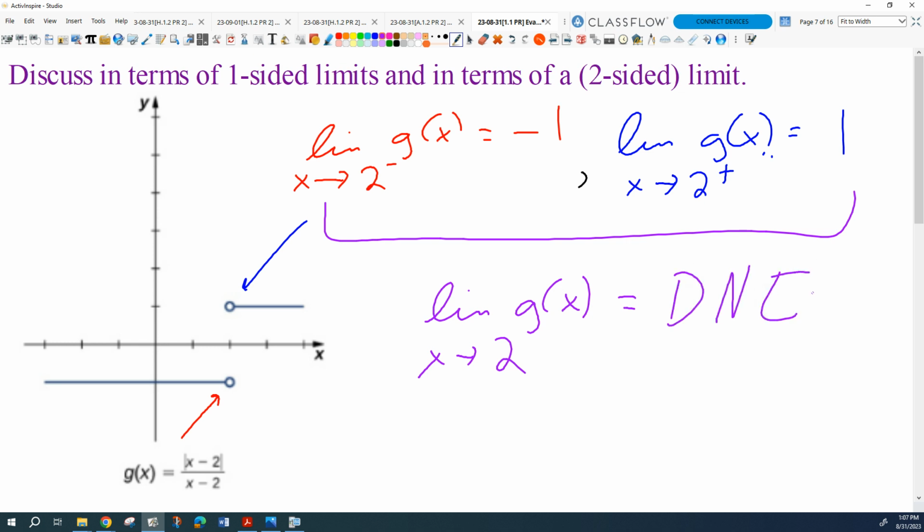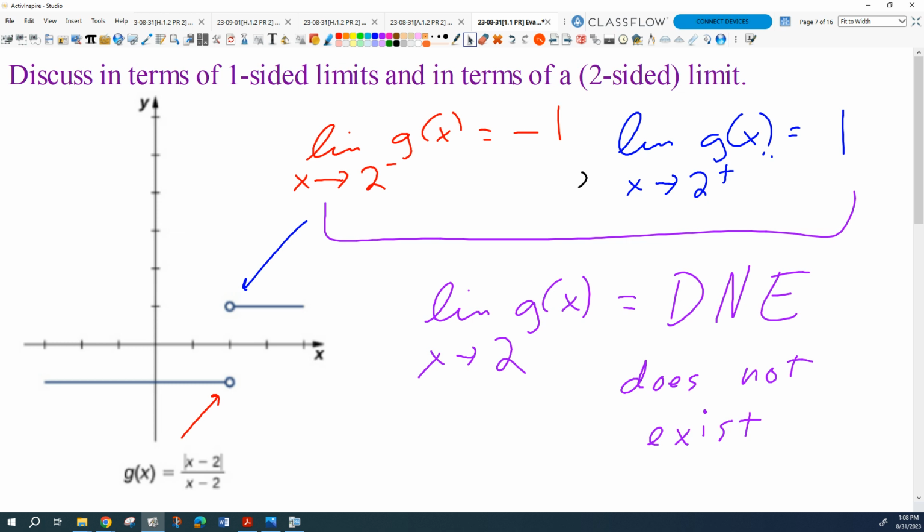What's that stand for? Does not exist. DNE. Okay, make sense? Oh, that doesn't look like an E, does it? There's an E. Must have run out of ink in my finger on that one. Okay, good.